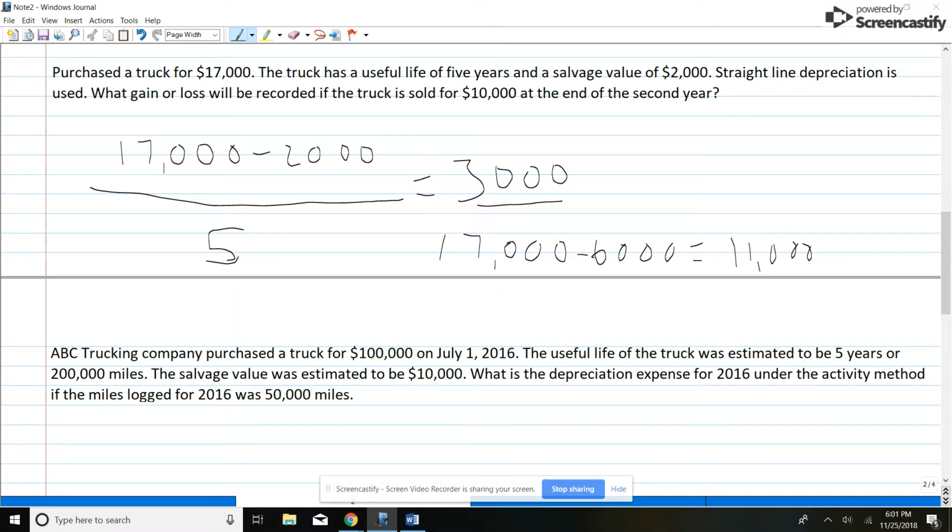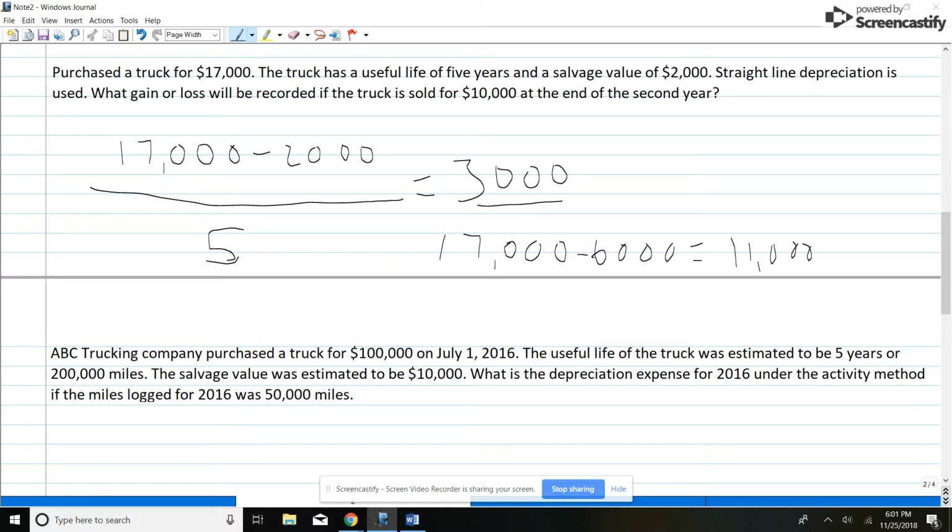So now what we do with this is we compare it to our cash. At the end of the second year, we value the equipment at $11,000, and we're getting 10,000. So we're getting less money than what we think. We think the truck's worth 11,000, we're only getting 10,000 for it, so it's going to be a loss.